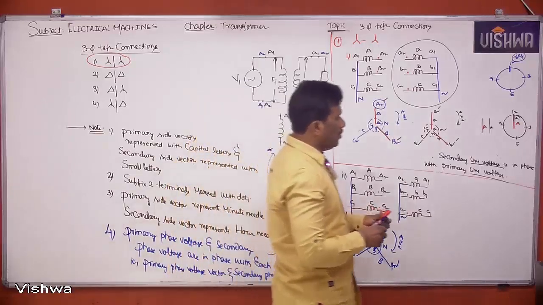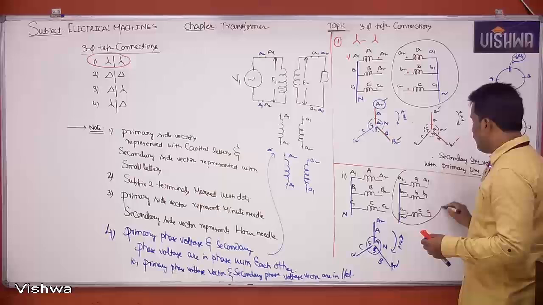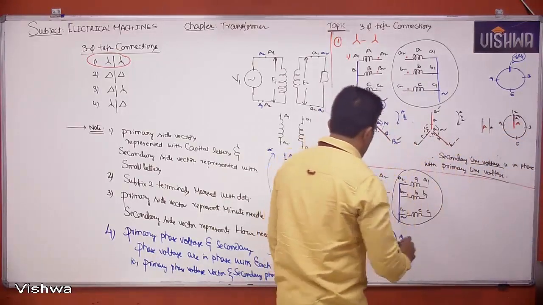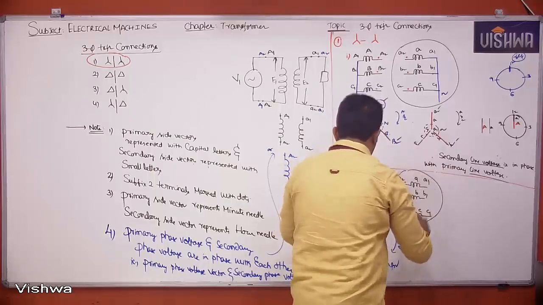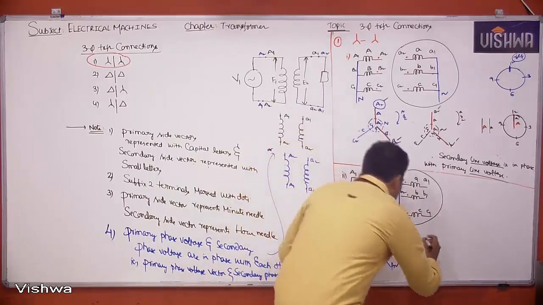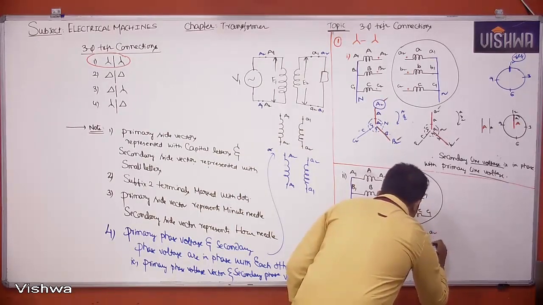Now I won't see your secondary. Simply I'll draw, and after that we'll check whether it is correct or not. First of all, without seeing, I'll simply draw small a1, a2 parallel to capital A1, A2.